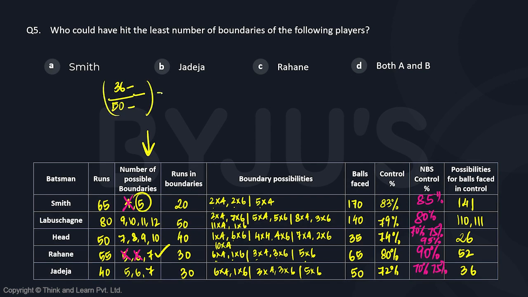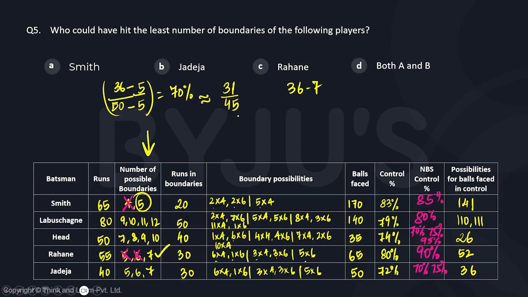So this should be equal to 70%, right? If we want to minimize this, if we take even 5 out of it, we will be having 31 out of 45, which is almost 70%. And if we take 36 minus 7, this is almost 70%, right?